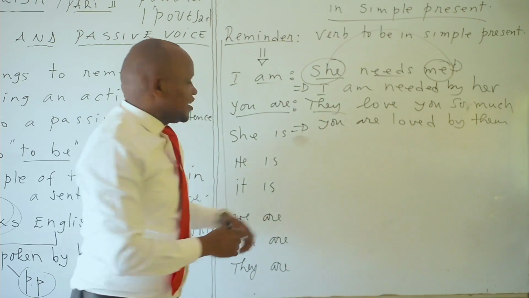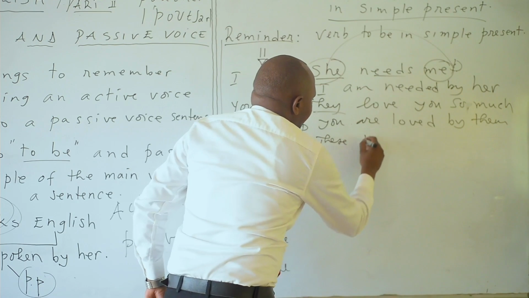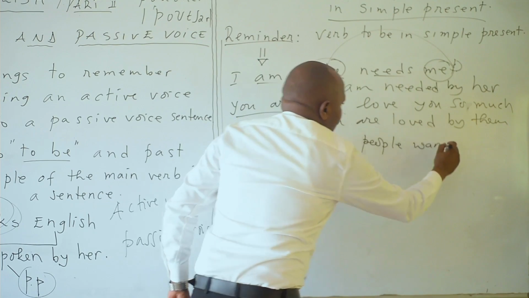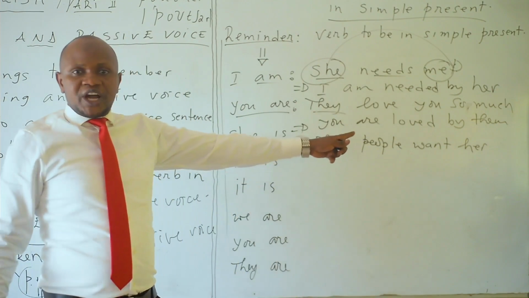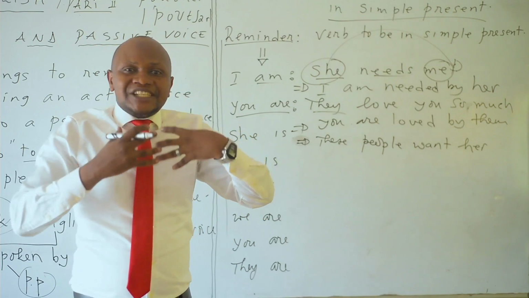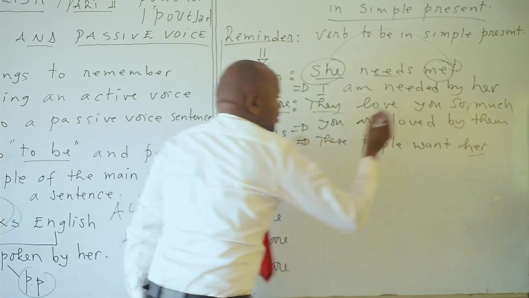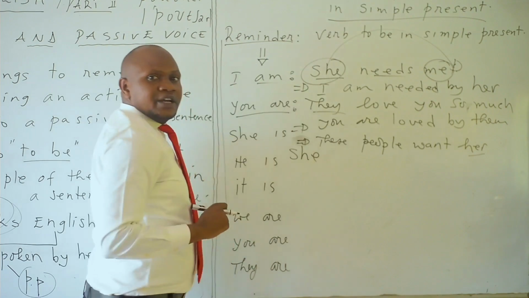Then here we are on she. She is. You can say these people, you see? These people want her. Aba bantu baramushaka. Tugiye kureba ukuntu wavuga ngo arashakwa n'aba bantu. Then this her is going to be she here.